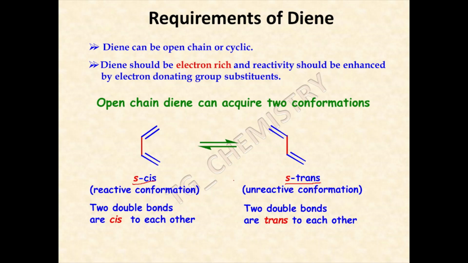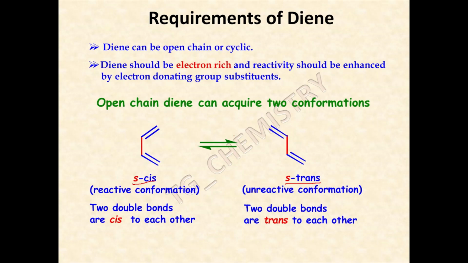Whereas if the diene system is S-trans, then it will be quite unreactive for the Diels-Alder reaction. S-cis means the two double bonds are cis to each other, and S-trans means the two double bonds are trans to each other.